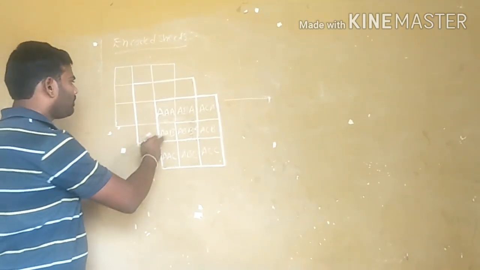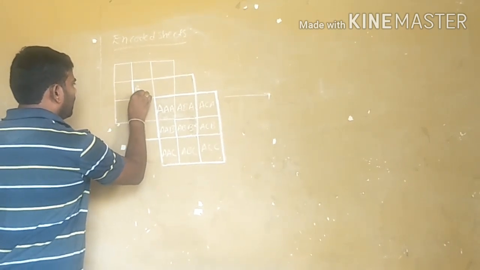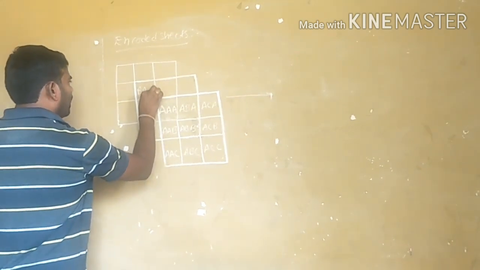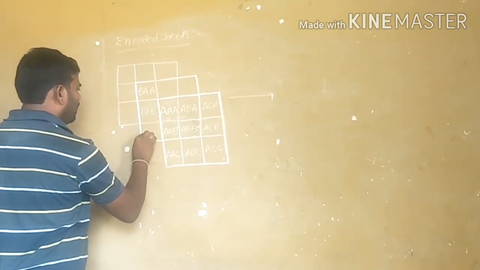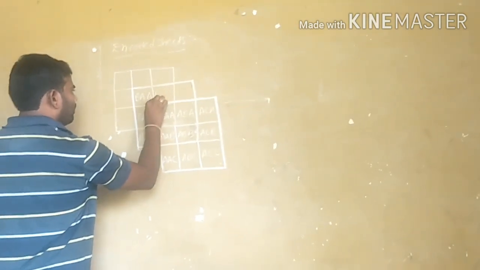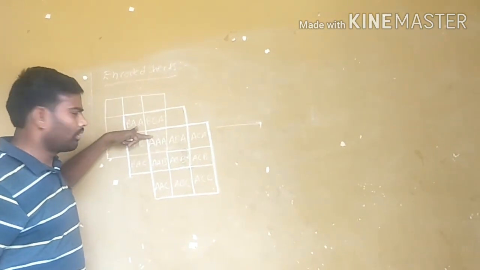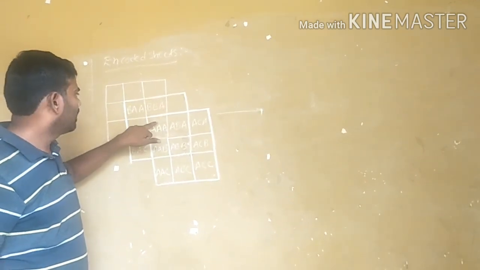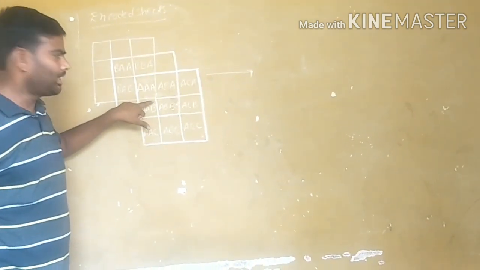In the second one, the middle sheet, BAA, BAB, BAC. Next BBA, BBB, here behind this, BBC.